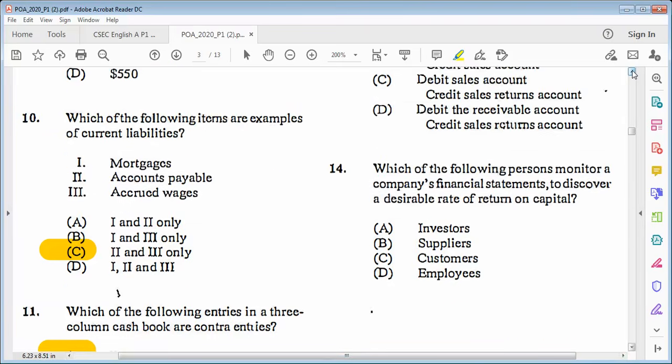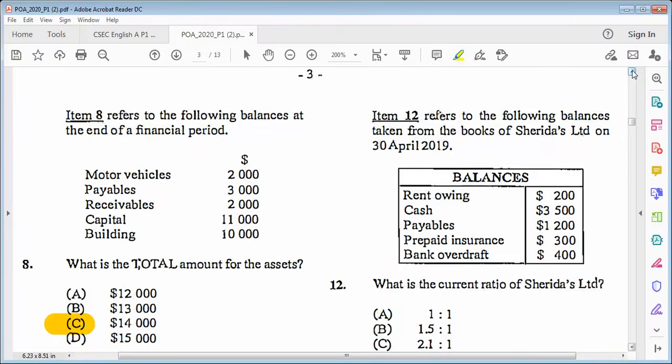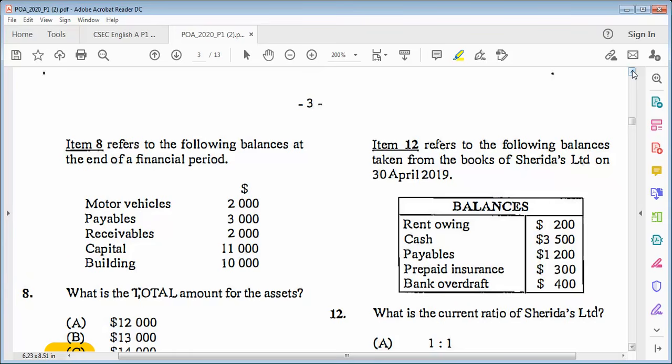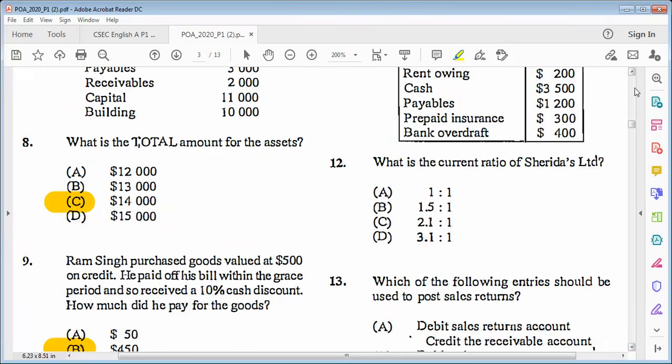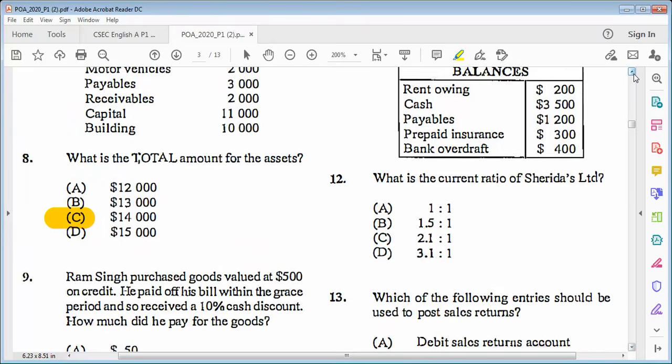Let's go on to number 12. It says item 12 refers to the following balances taken from the books of Sheridas Limited on 30th of April 2019. Here we have our balances. Rent owing, we have $200.